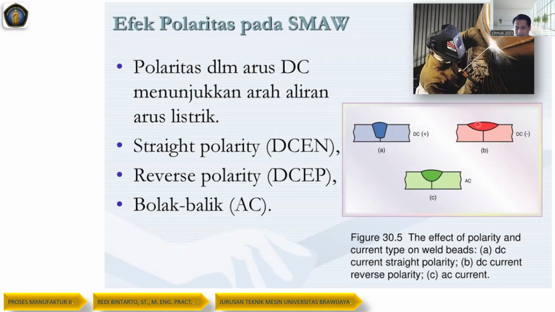For DC the other polarity is not deep, but it's wide enough. And then AC, alternating current, is in the middle between A and B, between DC plus and DC minus. SMAW welding mostly uses this AC current.